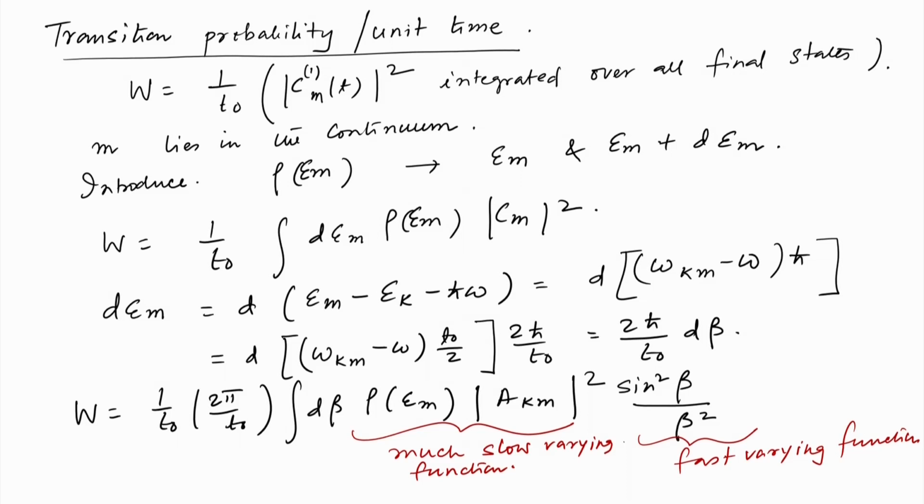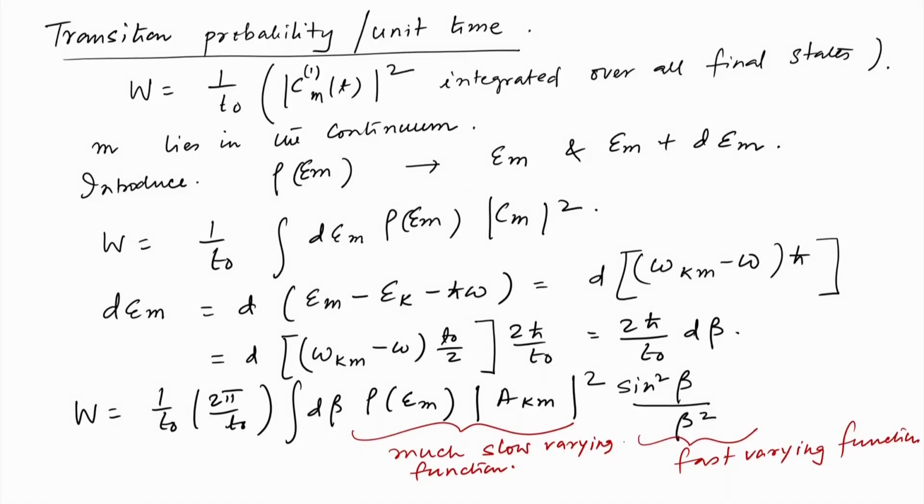So, this is the transition probability per unit time, and then of course we can write W equal to 1 over 2ħ. We take this thing out and take its average value, since this is a much slowly varying function as compared to the second one.